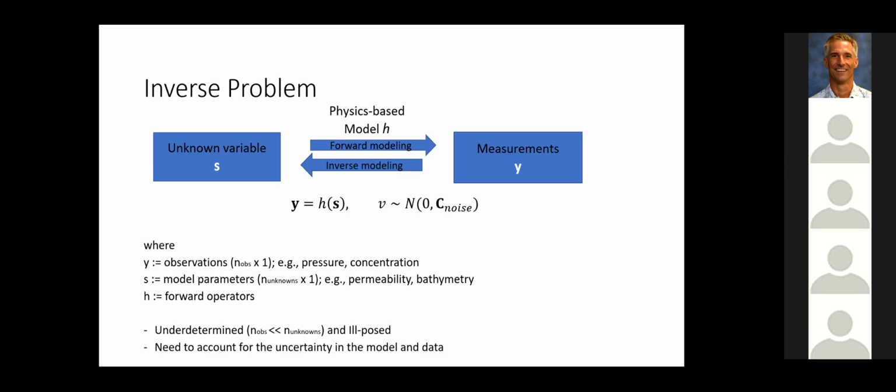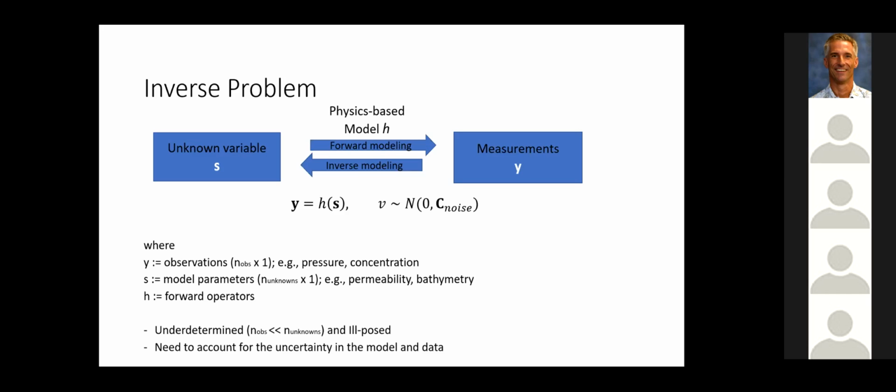An underdetermined problem has infinite solutions, which means that you can try different distributions of S and still be able to reproduce the observation exactly the same. So there is no unique solution in this case, if a solution exists.